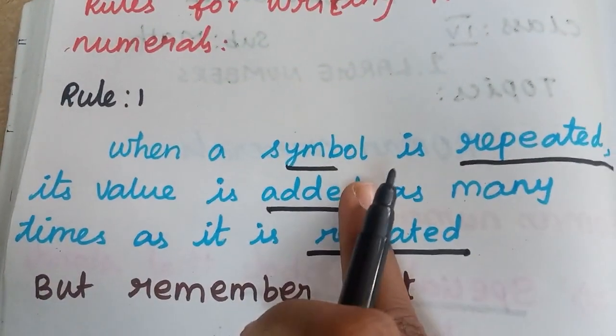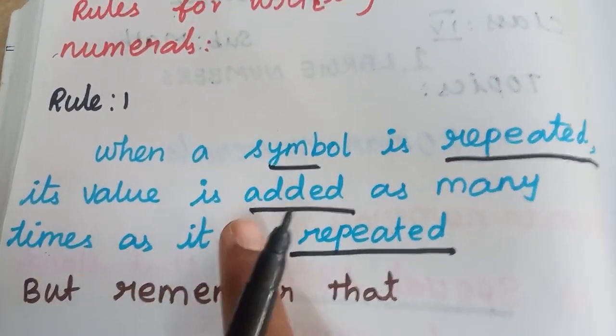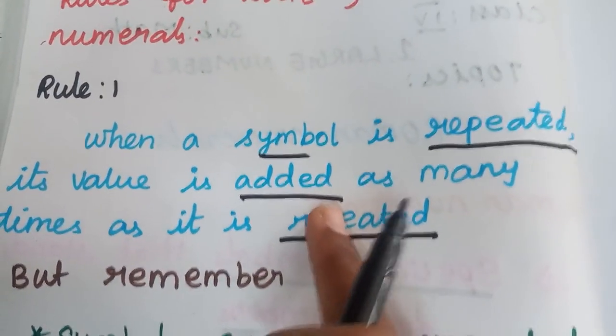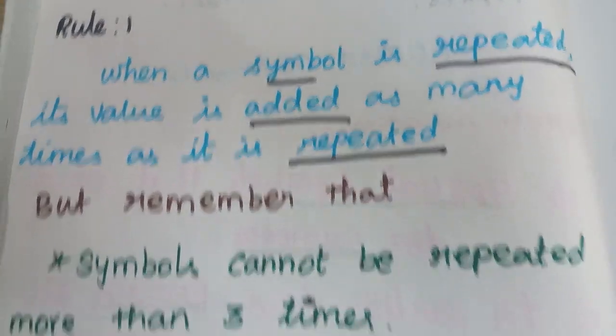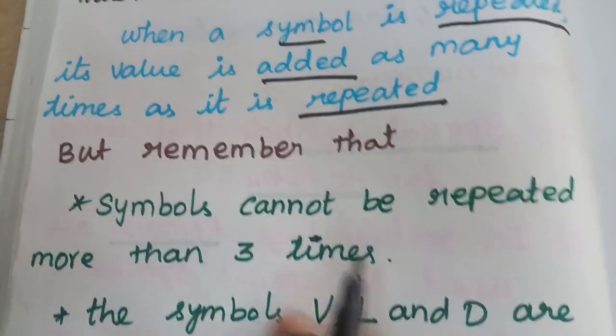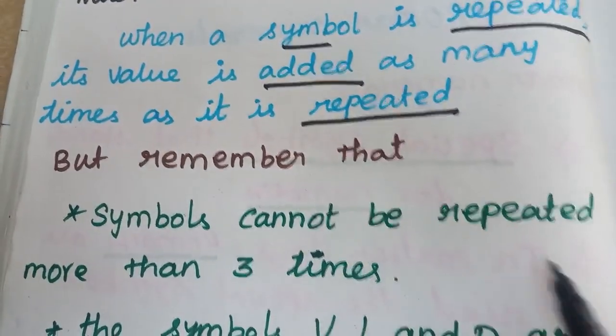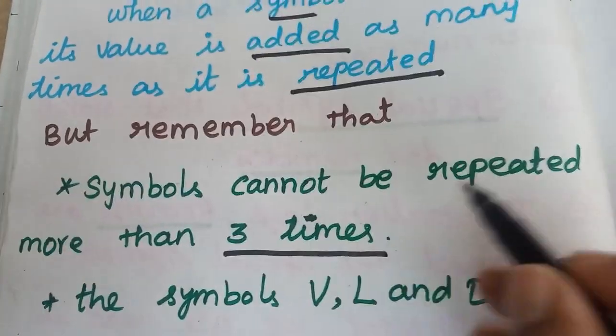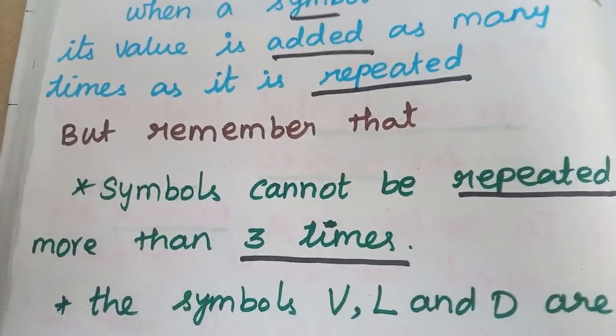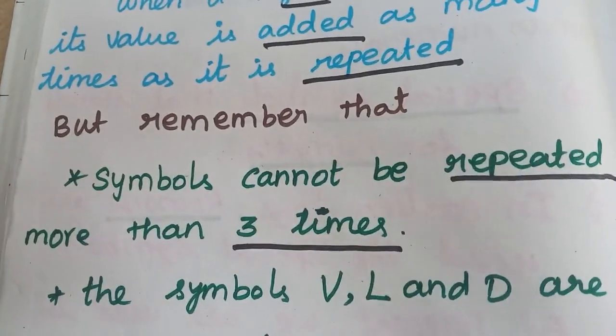When the same symbol is repeated, the value is also added. But we have to remember a few limits. The symbols cannot be repeated more than 3 times. That is very important. You have to keep it in mind.